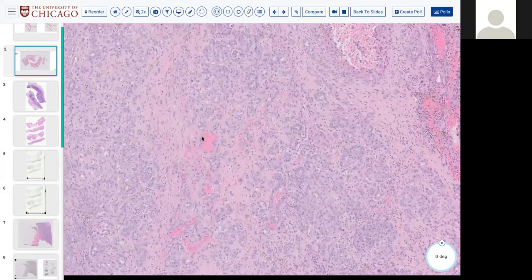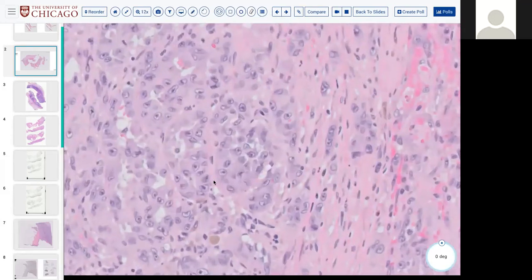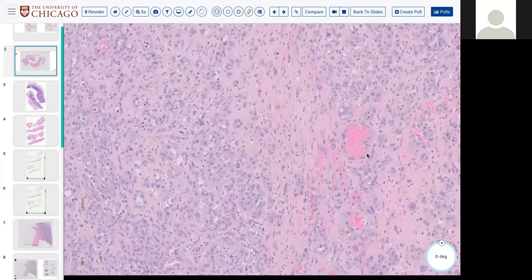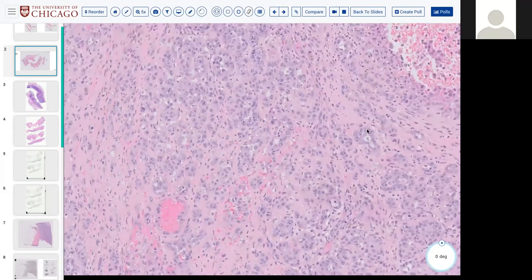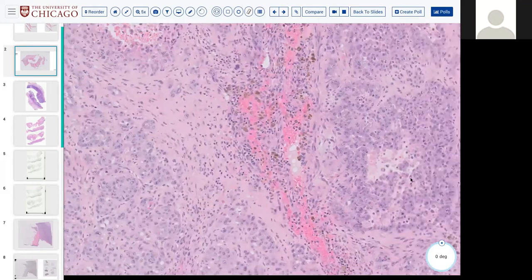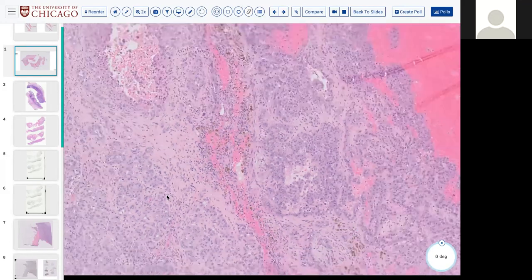Epithelioid, I believe. Yeah, it's very similar, but the tumor cells are trying to form vascular channels more than in the previous case. So we have kind of vessels, or canalicular channels.